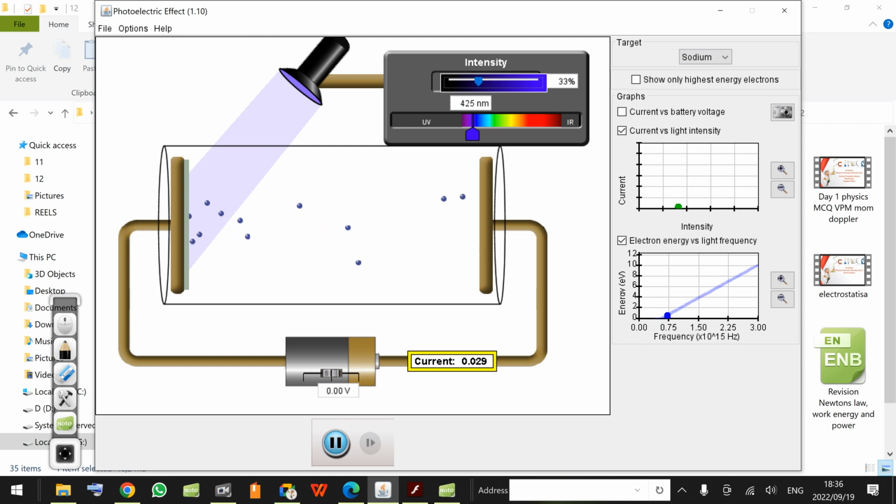Speed. See that the speed has reduced, right? But let me change intensity. The speed is still flowing like that. So intensity affects what? The number of photons, which affects number of electrons. But energy remains what? The same.